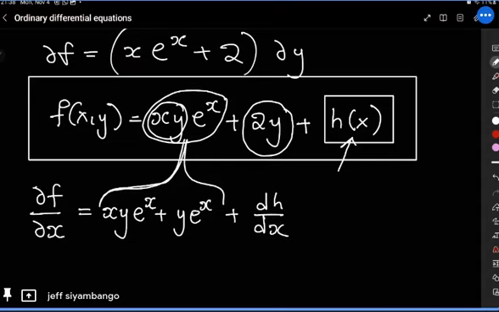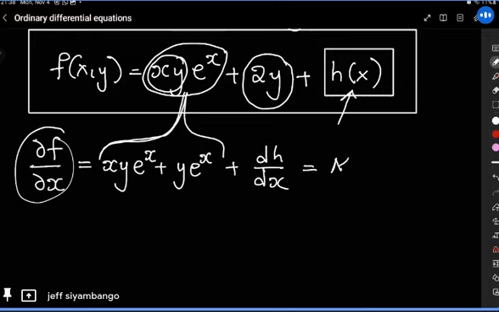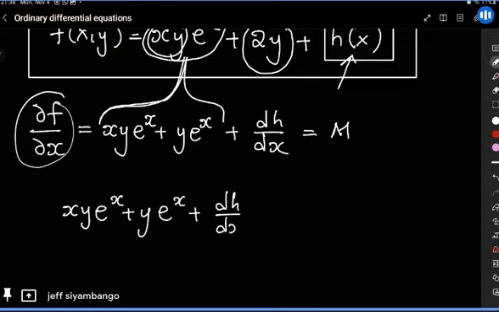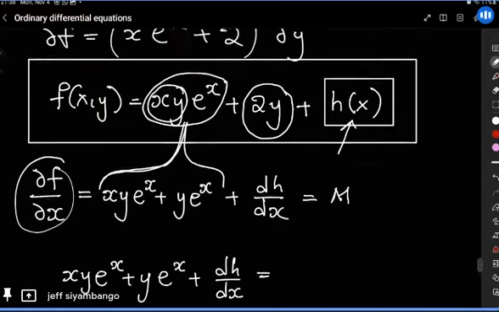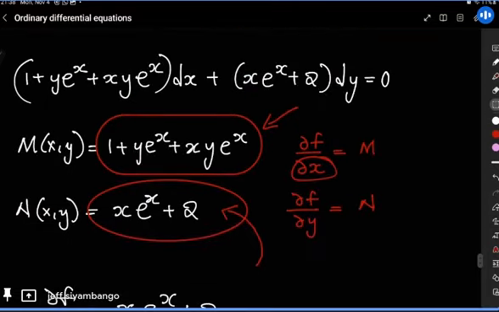But we know the partial f partial x is actually equal to m. Meaning this xy e to the x plus y e to the x plus dh dx. In place of m, we can get back what m is. M is this.